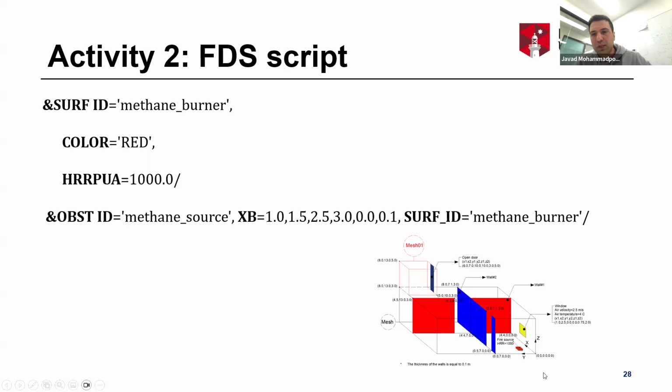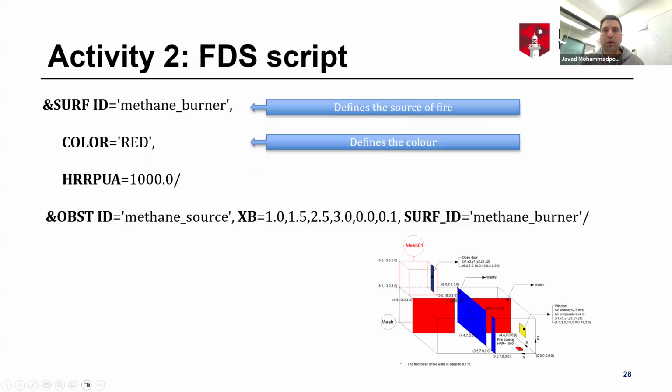What is the X? We can define the X minimum and X maximum, Y minimum, Y maximum, Z minimum, and Z maximum. And what is the surface ID? It's not a predefined or built-in type in the software, so we already defined that as methane burner here. So we call that here. That's it. Here I just provide some details.